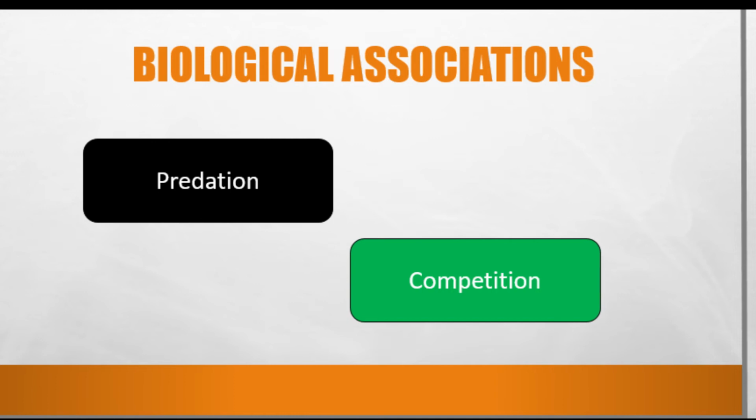The next one is competition. This is whereby organisms struggle for resources such as food, light, water, nutrients, gases, and space. That's what we term as competition. And this occurs both in plants and animals. Now, some organisms form close relationships with other organisms, within the same species or different species.